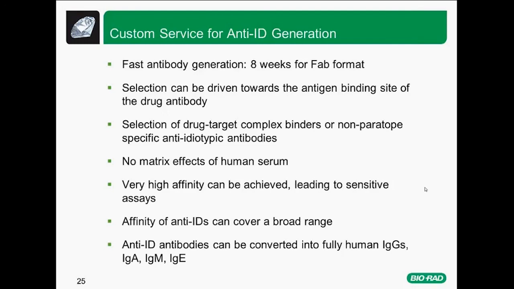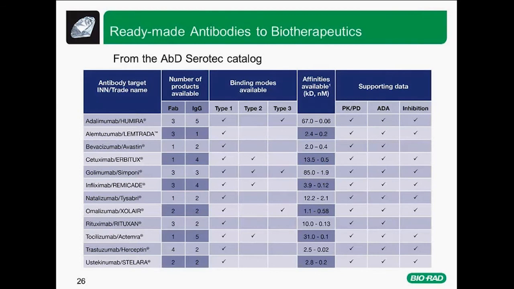We do not only offer this as a custom service, but we also have ready-made antibodies to biotherapeutics in our catalog. And here's the most recent list of anti-idiotypic antibodies we offer. We have for the different drugs both products available in Fab format and IgG format.